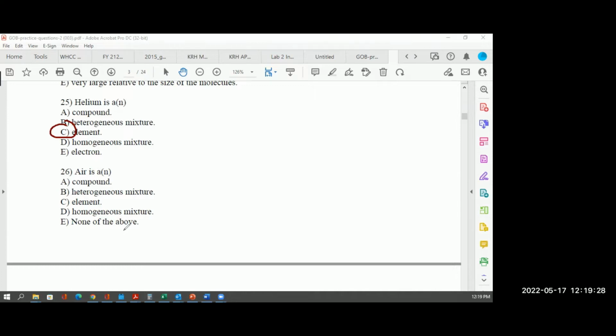Oxygen, that's one. Anything else? Nitrogen, that's two. Anything else? Carbon dioxide, that's three. So that's three different chemicals in it. Does that make it a compound? Is that one chemical? Oh, no.